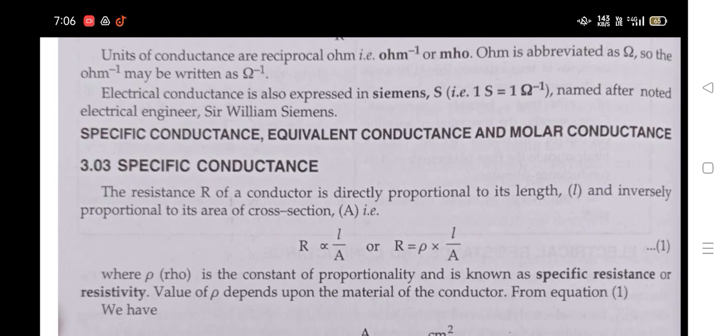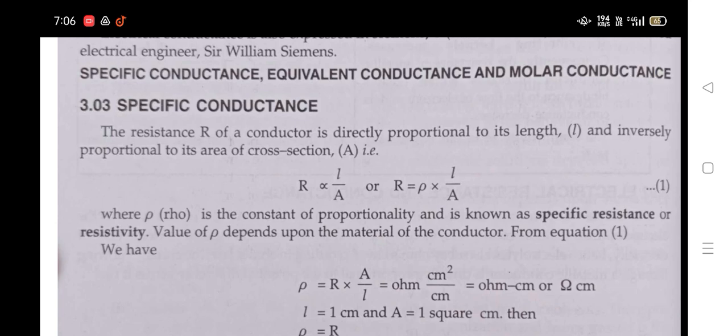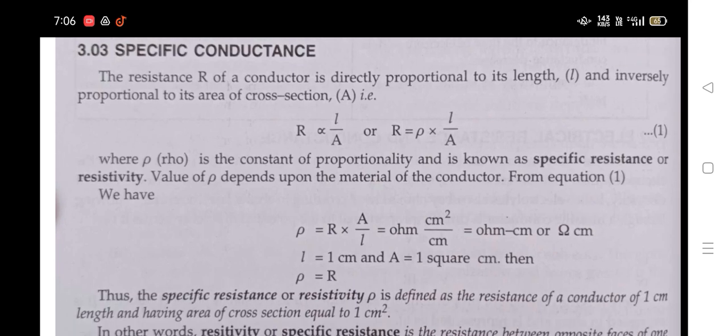First, specific conductance. The resistance R of a conductor is directly proportional to its length and inversely proportional to its area of cross section. R is directly proportional to L upon A. R is equal to rho L upon A, where rho is the constant of proportionality and is known as specific resistance or resistivity. Value of rho depends upon the material of the conductor.